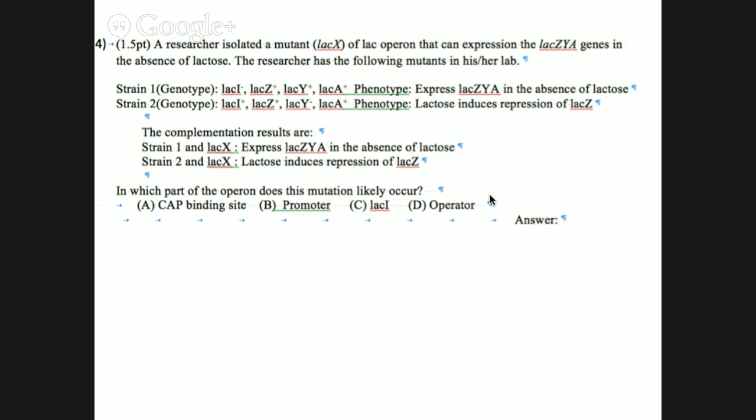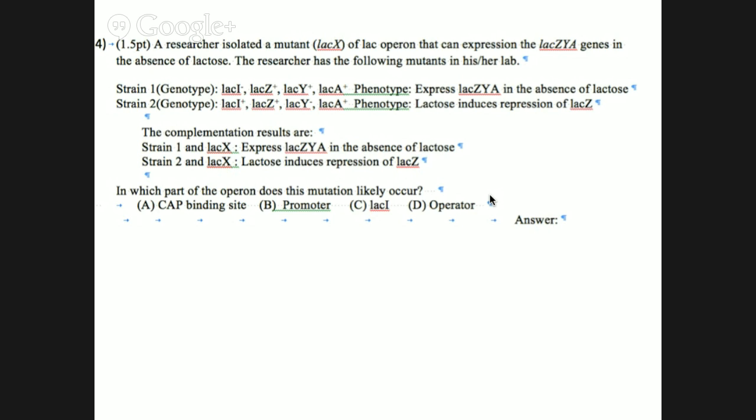So this is the nuclear genome, and with this technique, you can put a fragment of DNA from different strains also into the same cell, and then the cell will form a partial diploid. That's the way we can do complementation in a bacterial cell.